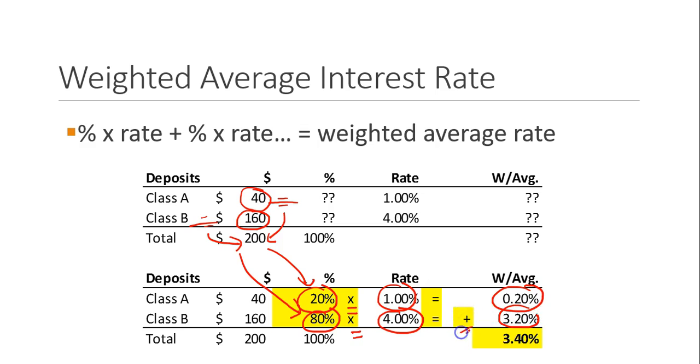And I add these two amounts to arrive at my weighted average interest rate of 3.40%. So this is the weighted average rate the bank is paying out on deposits, and we would use a similar process to calculate the weighted average interest rate received by the bank on the loans made to customers.